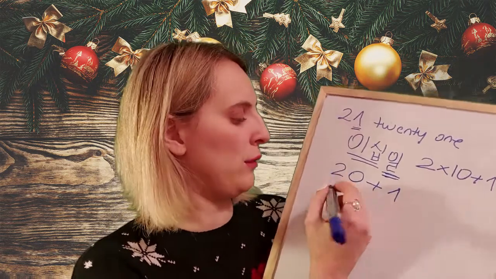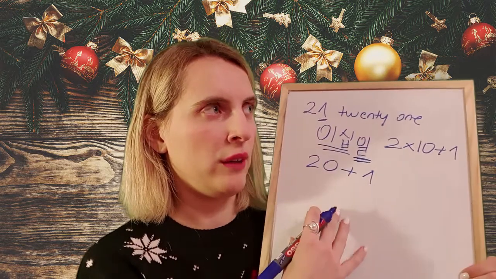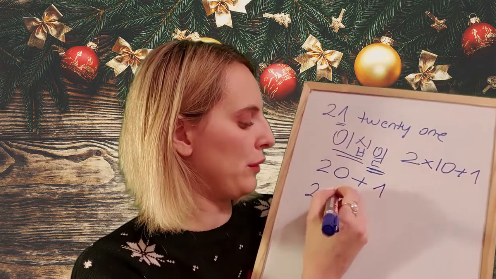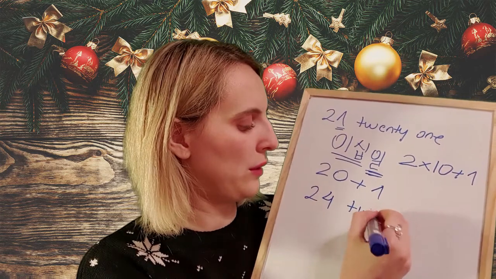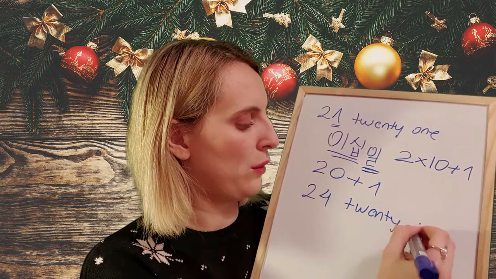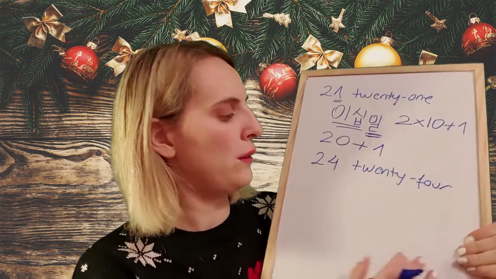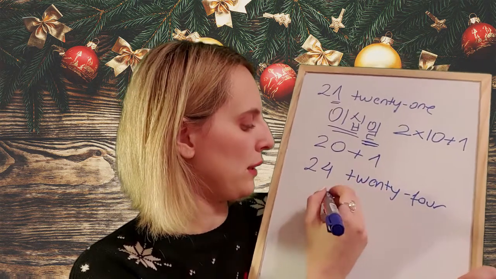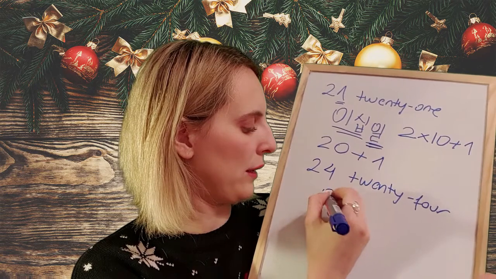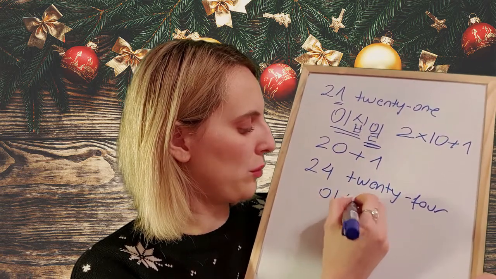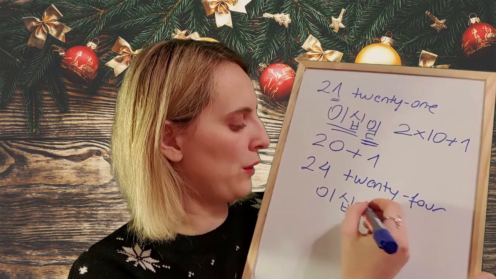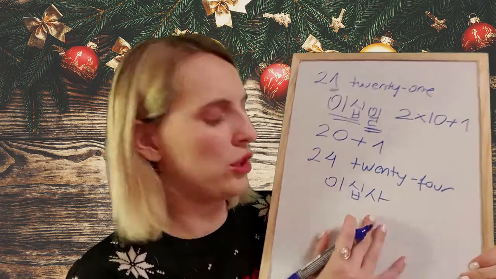Now for example I want to write 24. 24 is, so 20 we write like E ship, right? And 4 is sa.